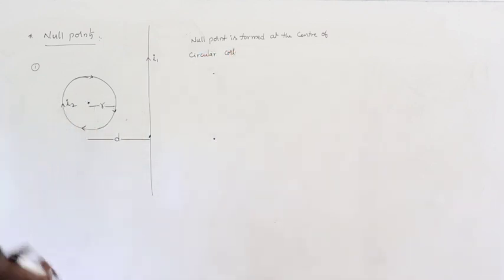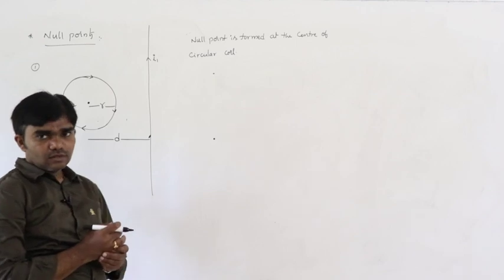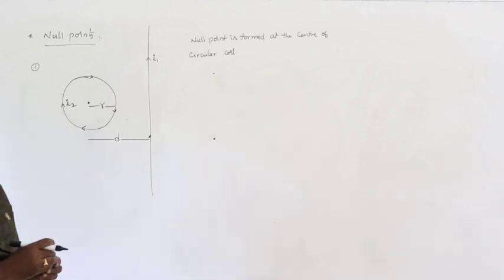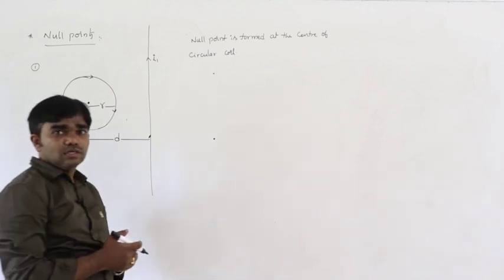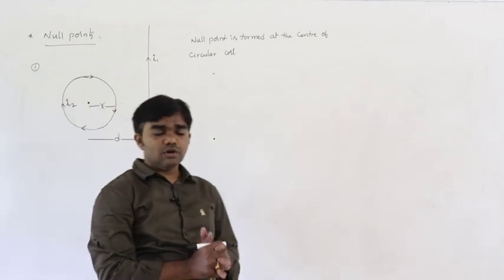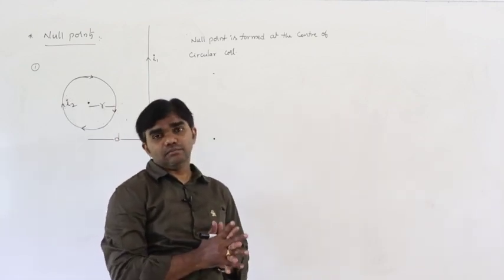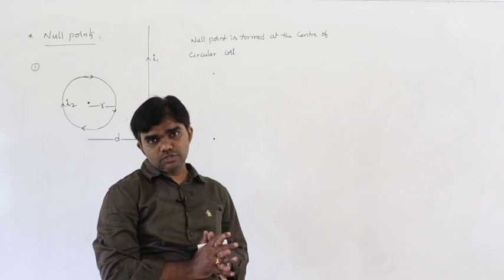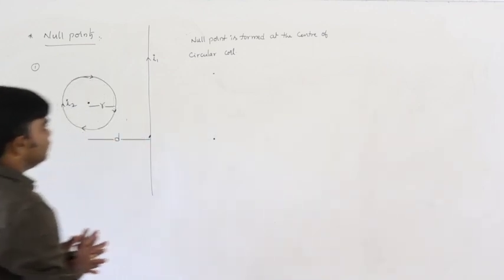Null point is formed at the center of the circular coil. So how is it possible? Null point in the sense net magnetic force is 0, or the net magnetic field acting at that position is 0. Net magnetic field is 0.